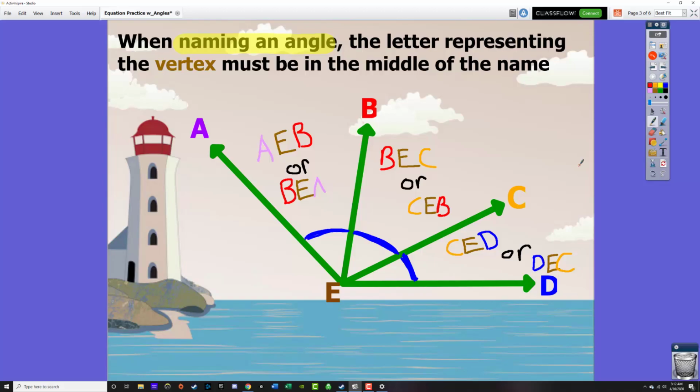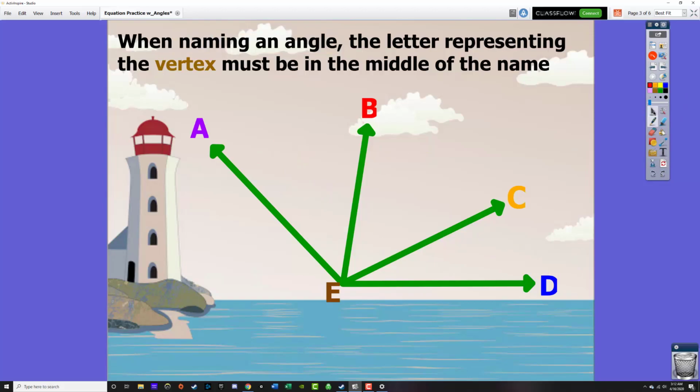So it's not just these three segments. Let me kind of revert back here. What if I asked for the name of this angle right here, so it stretches across both of them? How would that work? Well, it would work the same way.